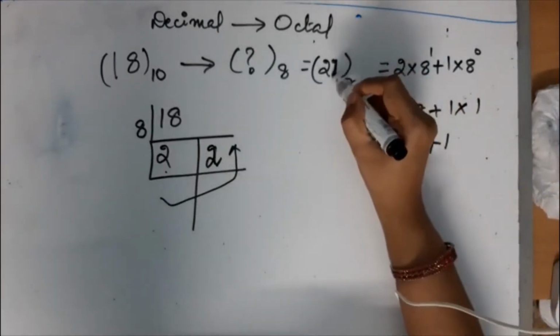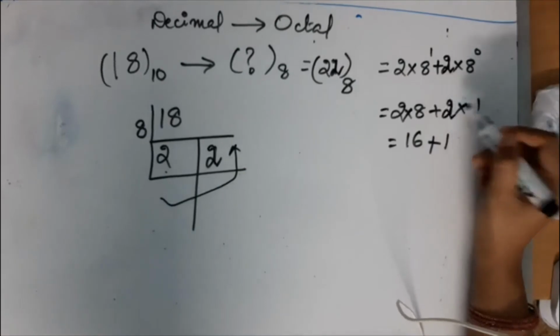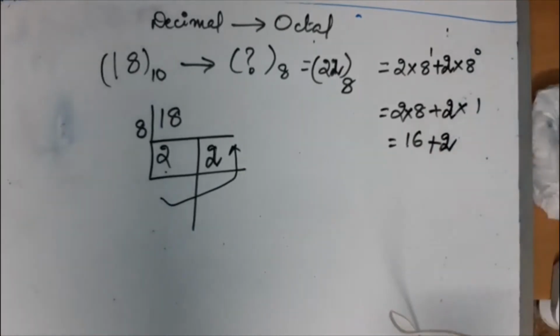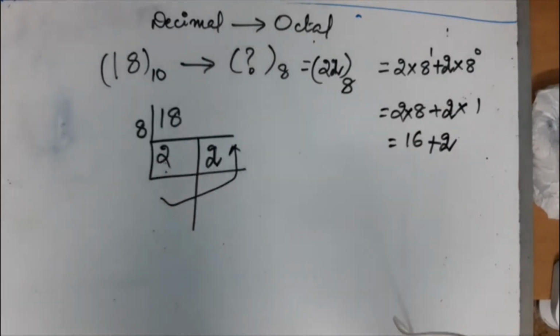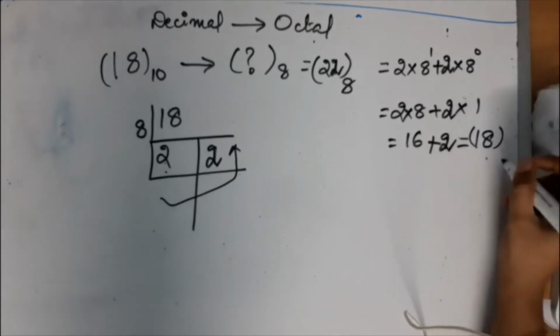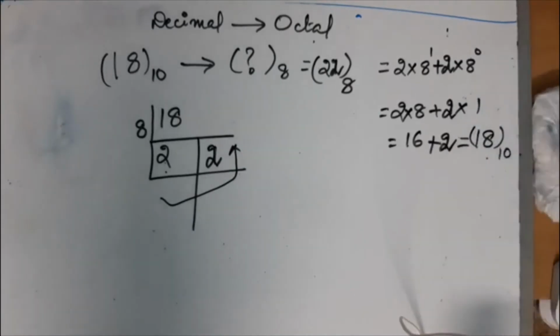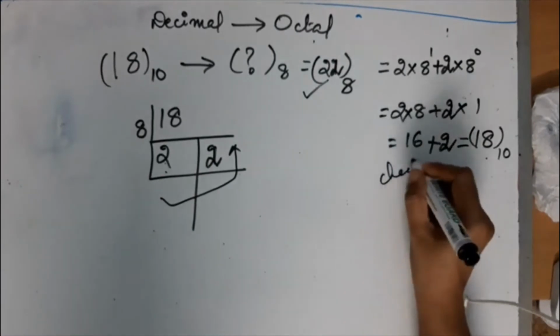So, here it is 2, here it is 2. Okay. 8 2s are 16 and remainder is 2. So, this is 18 to the base 10. So, the answer is 22. Correct? So, this is hence checked.